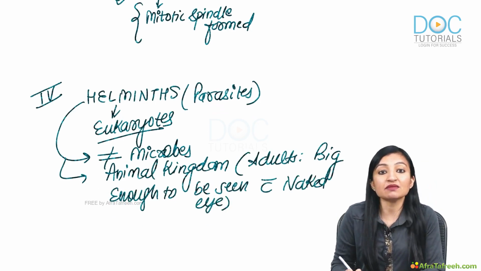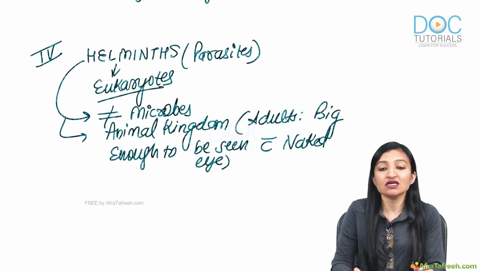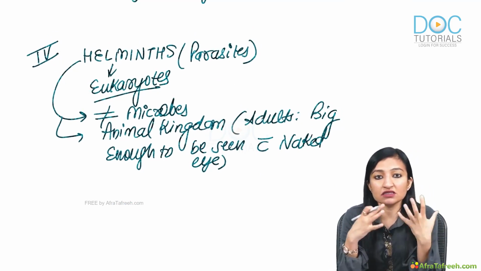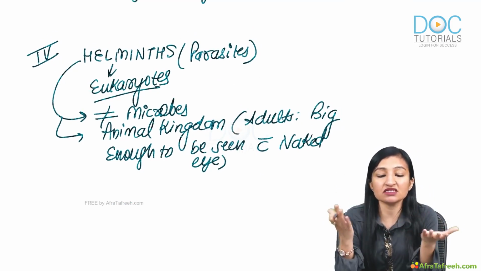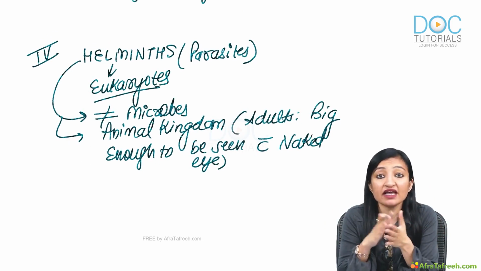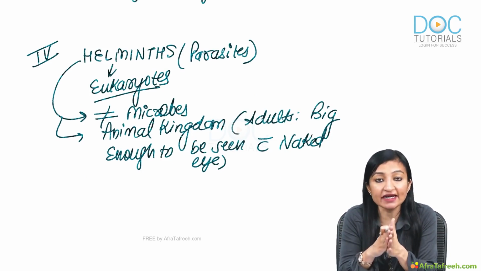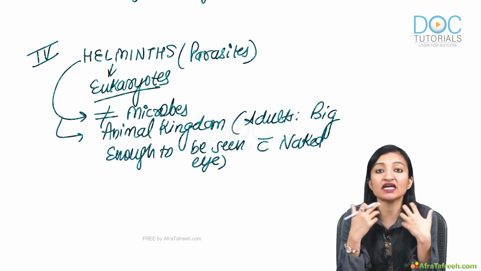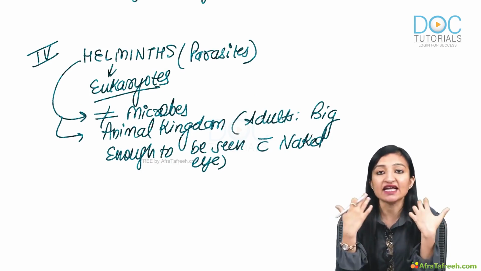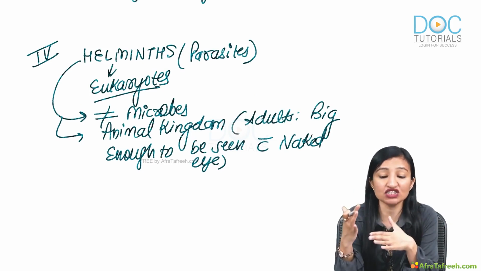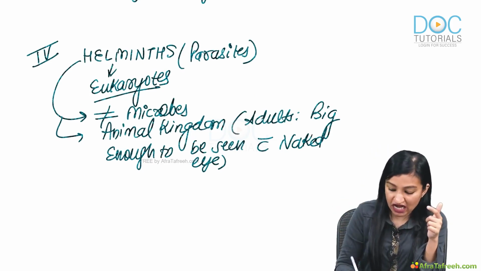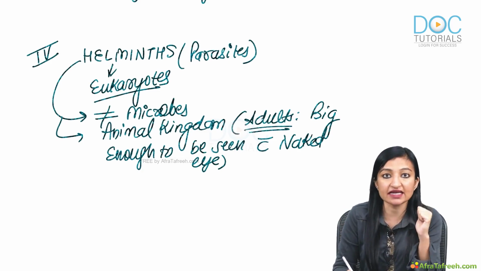Then why are we studying them in microbiology if they are not microbes? Remember, there are certain structures pertaining to helminths, like helminthic eggs and helminthic larvae. They need the aid of a microscope to be seen. That is why we study them in microbiology, even though the adult forms are big enough to be seen with the naked eye.